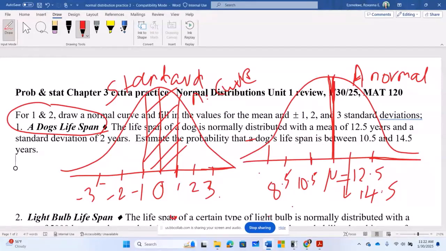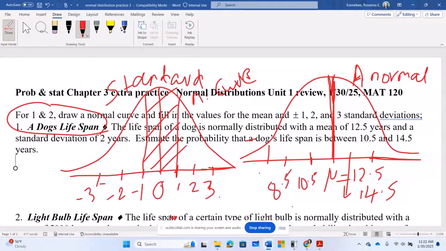Another way of saying it: a dog aged 10.5 years to 14.5 years lies within one standard deviation. Therefore, the empirical rule is talking about probability. The probability that a dog is within plus or minus one standard deviation is 68%.